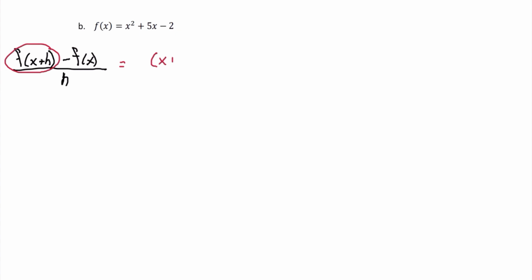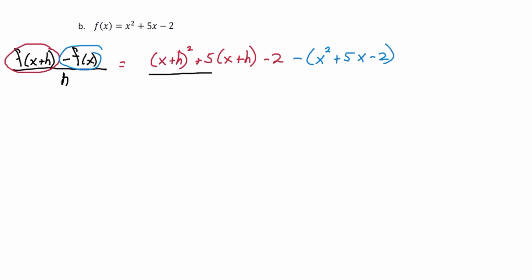Everywhere you see an x, replace it with x plus h. And then we subtract the original f, so make sure we put it in parentheses. We'll need to remember to distribute that negative sign. And all of that is over h.